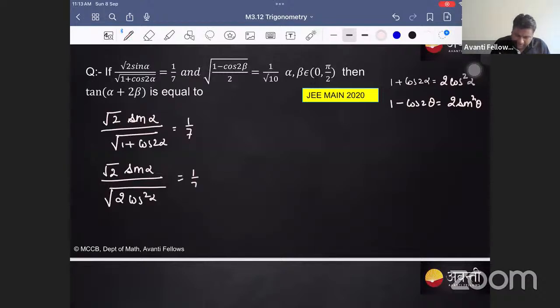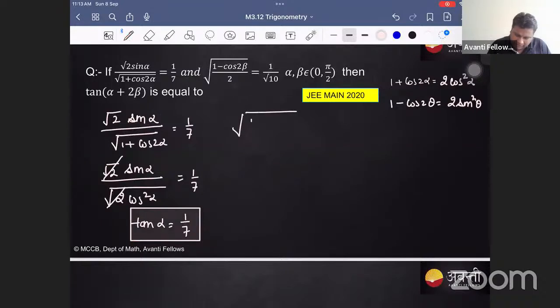It is given as 1 by 7. Am I clear? So you cancel root 2 and you get the value of tan alpha as 1 by 7. No hi-fi formula, only the simple formula of cos 2 theta I have used. All right. Now come to the second one.